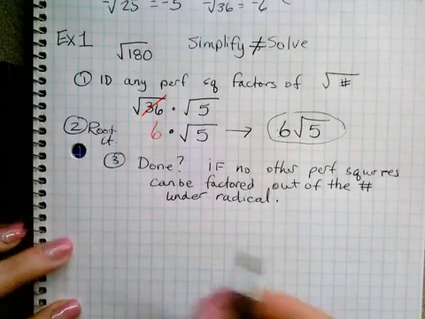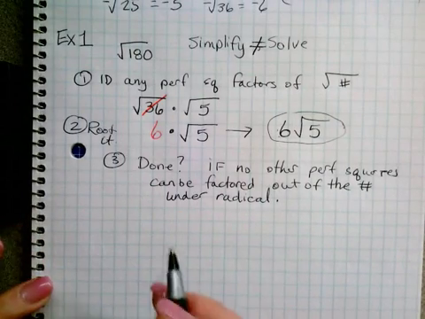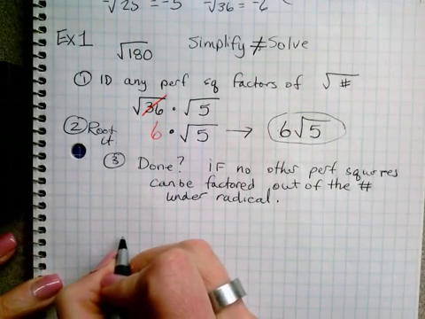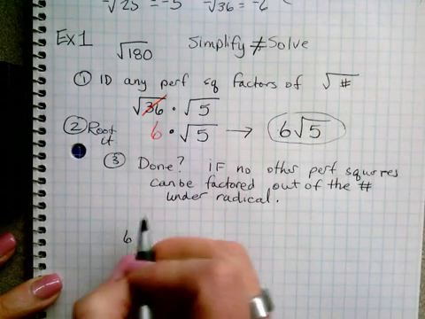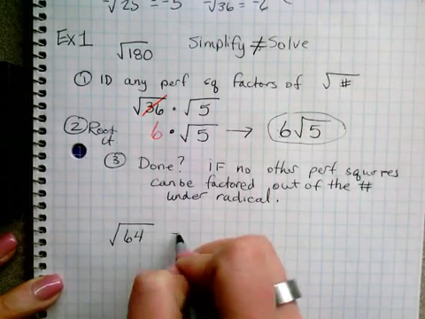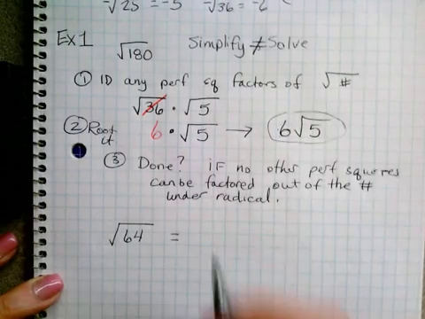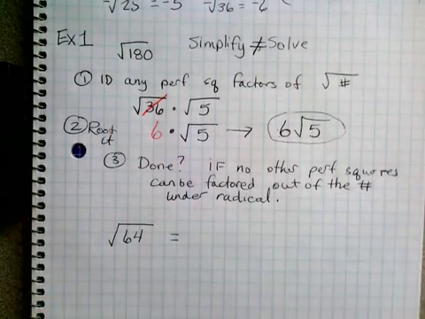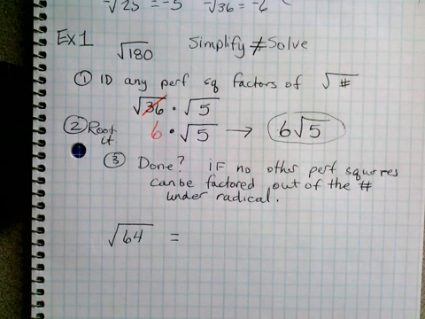In contrast, I want to show you this one. Let's just say the square root of 64. Don't answer this. Hang on a minute. I'm making this up, so let me make sure. Okay.